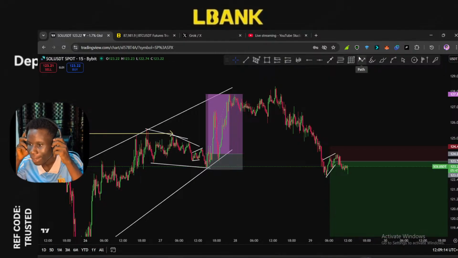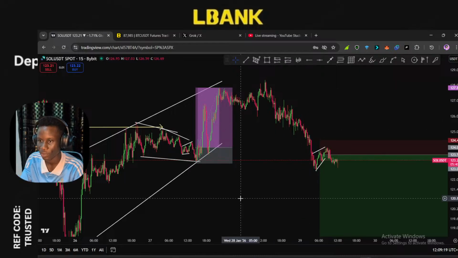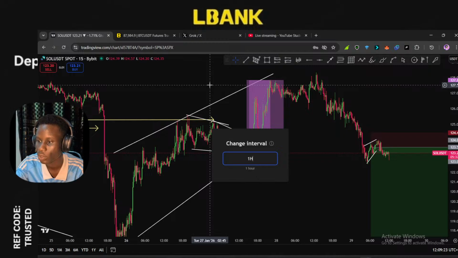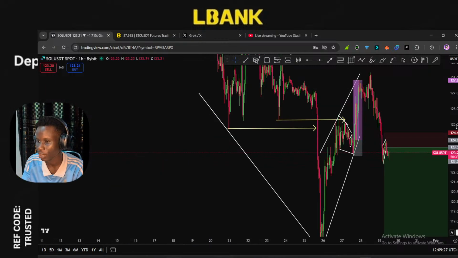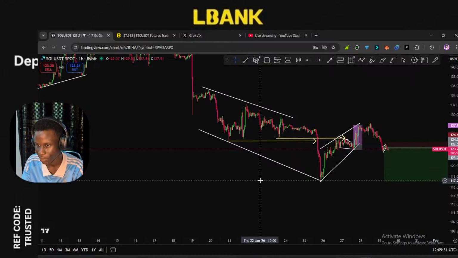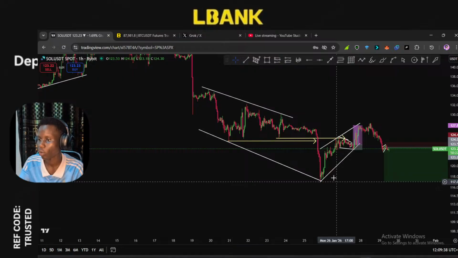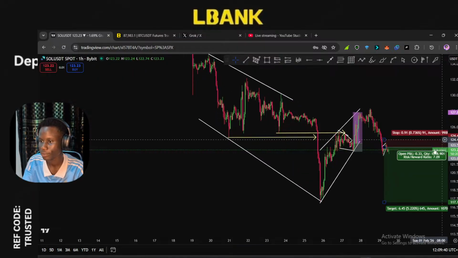So I'm still going to have to talk about reversal strategy. Let me label it so you can see what we mean by reversal strategy. This is a reversal. This is a reversal strategy. And how do you know that this reversal is complete for trading?